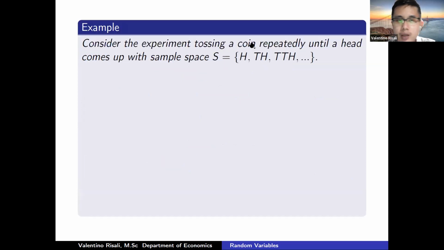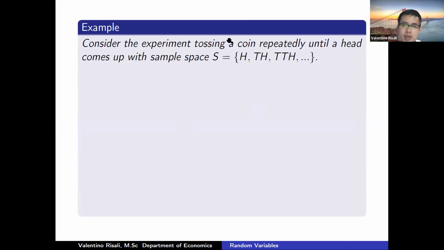And then we move to the next example, that is the experiment of tossing a coin until a head comes up. From the previous meeting, we have known that the sample space is this S with the elements H, TH, TTH, and so on.